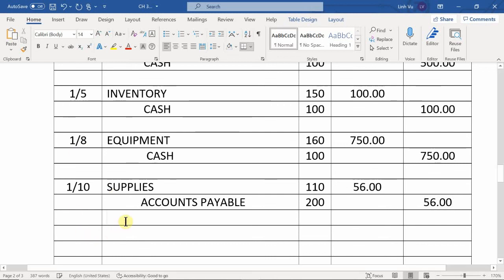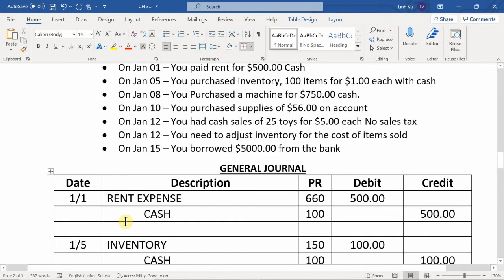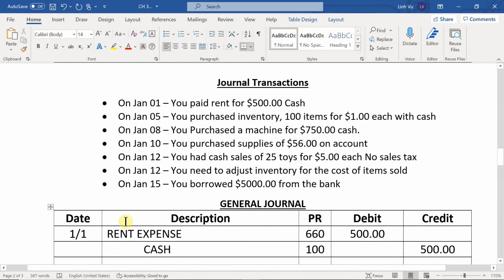Okay, good. So we're going to January 12. Now you had cash sales of 25 toys, which you sold for $5 each. No sales tax. Sales is a revenue, right?